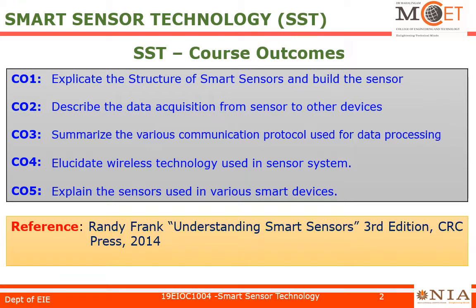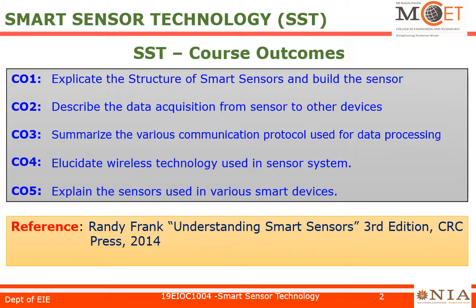What are you going to get after learning this subject? So that is the course outcomes. It has nearly 5 course outcomes. The first one is explicate the structure of smart sensors and build the sensor. The second one is describe the data association from sensor to other devices.